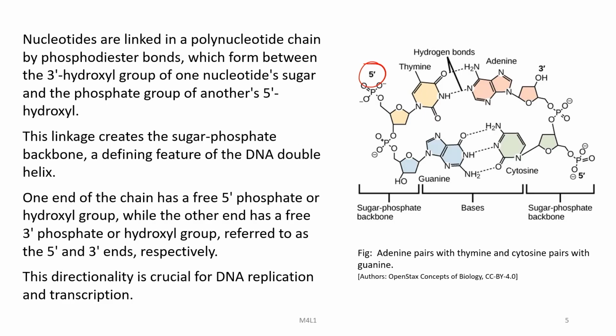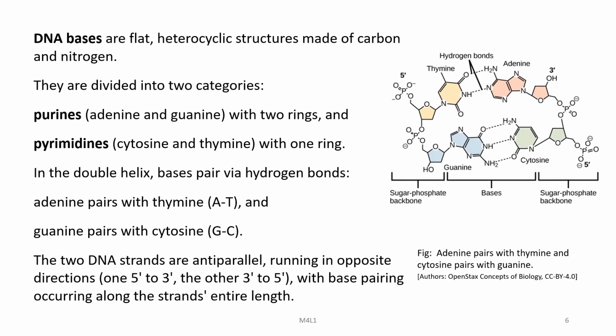One end has a free 5' phosphate or hydroxyl group, while the other end has a free 3' phosphate or hydroxyl group. These are referred to as the 3' and 5' ends. This directionality is very crucial for DNA replication and transcription.